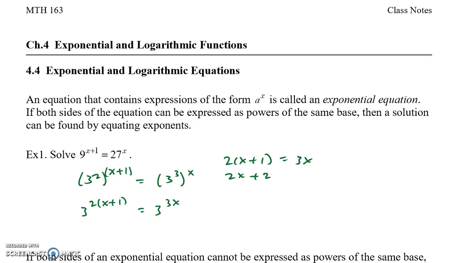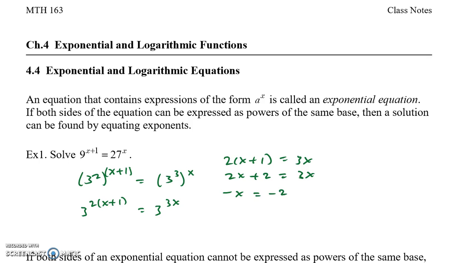We can distribute the 2 on the left. Then we can subtract 3x from both sides. That gives us minus x on the left, and subtract 2 from both sides.